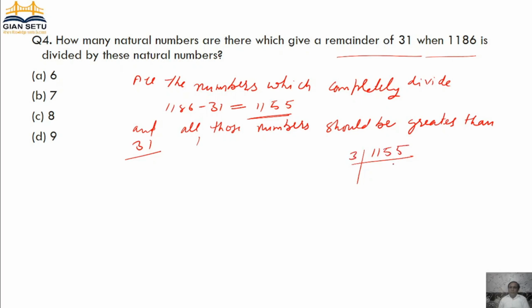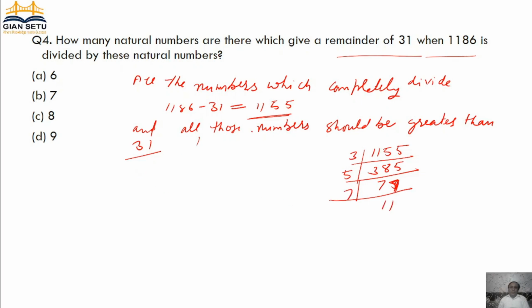Now when we divide it by 3, we have 385, and again we have 5, we have 77, then we divide it by 7, we get 11.